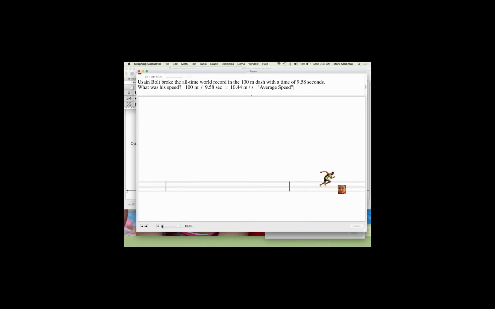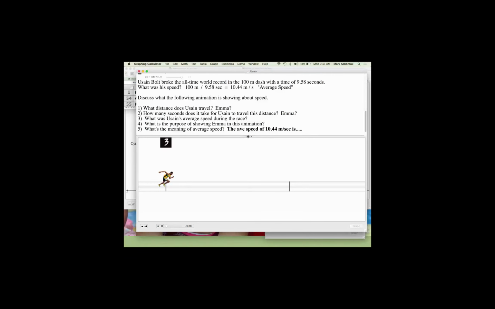All right, so there's a definite reason I am showing Emma running the race that she's running here. So I've got some questions for you. I want you to get a partner and talk through these questions. What's the goal? The goal is to make sense of this number, 10.44 meters per second.